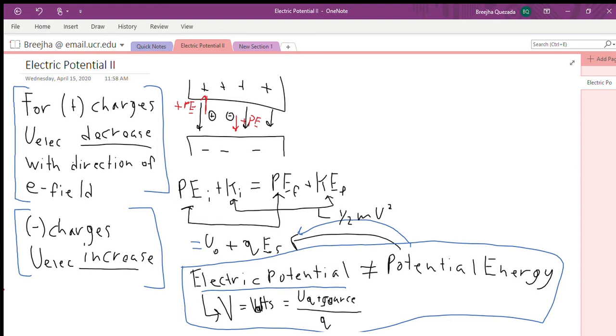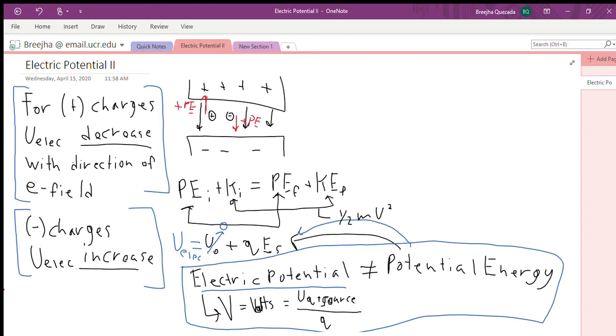That would be U once more, U electric. Usually with the U term, it goes to zero because the potential energy before you've added any potential energy should be zero. Sometimes it isn't, so you have to pay attention to the problems, but most of the time we'll just take that to be zero.